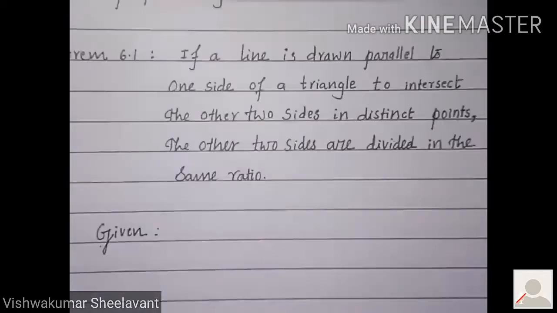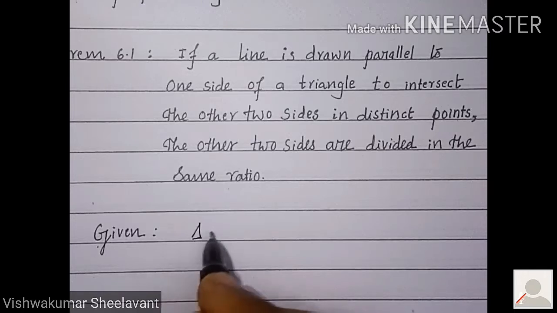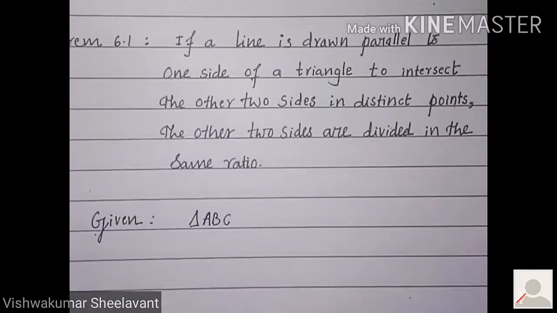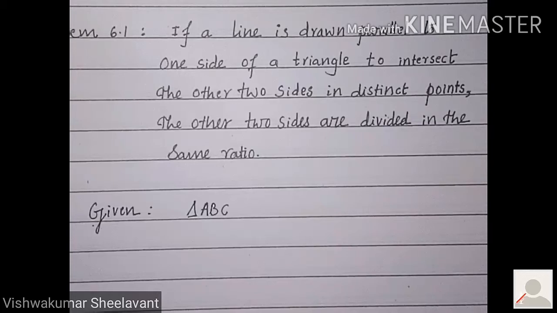So given, what will we write? Triangle ABC. We will call this triangle ABC because to prove we need names, right?